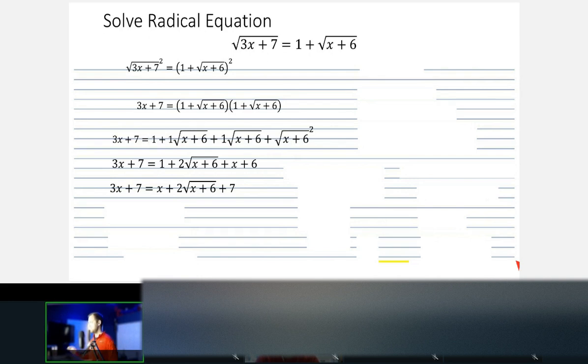So move everything to one side and keep the radical by itself. We subtract the x on both sides and subtract 7 on both sides to get to here. So we got 2x equals 2 radical x plus 6. What should our next step be?